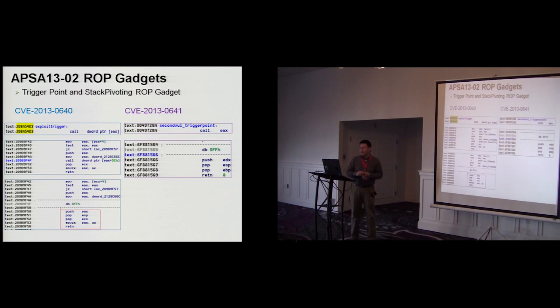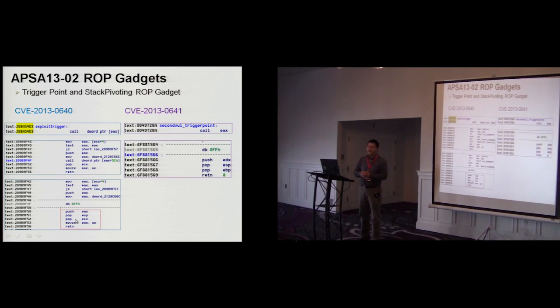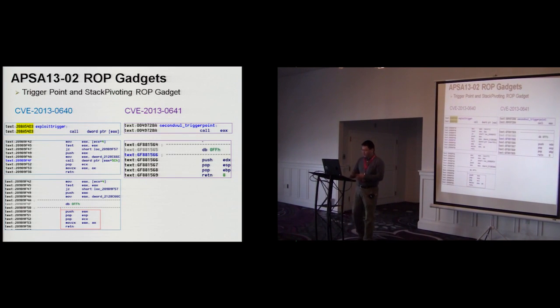Here is an example of a ROP gadget for stack pivoting. You can see on the left side the first vulnerability used by this 0-day. They trigger the ROP gadget for the stack pivoting. When the indirect call happens, they call into here, push EAX and pop ESP. That's exactly the way to do the stack pivoting.